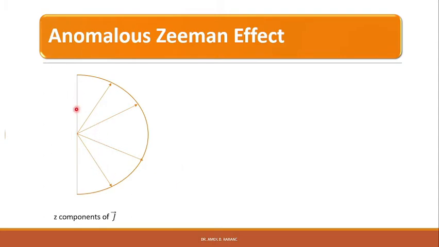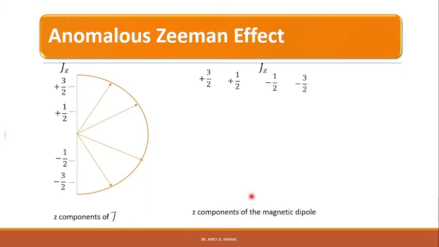So we get 4 components of J corresponding to Jz values plus 3/2, plus 1/2, minus 1/2 and minus 3/2, and these 4 components are represented by this diagram. So the magnetic moment also has 4 components, corresponding to the 4 different values of Jz, indicated here. These are the components of the magnetic dipole moment mu.